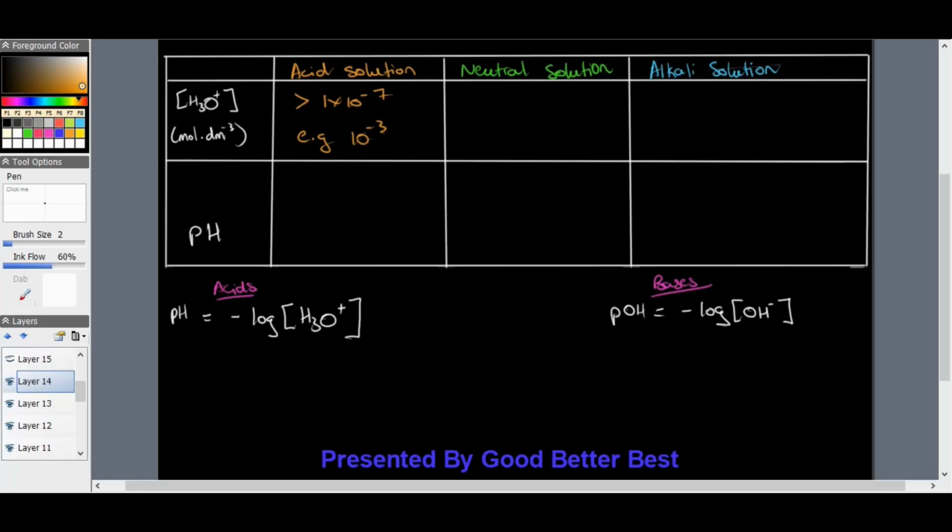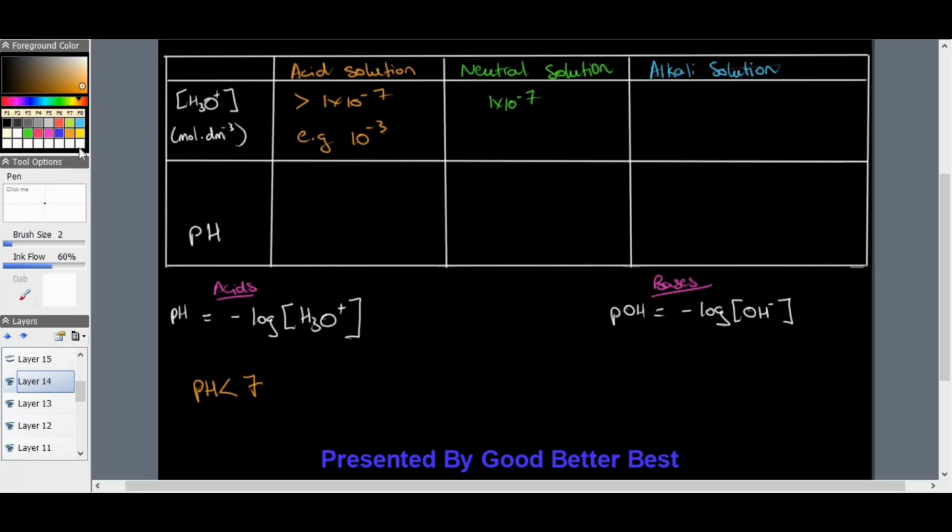Basically it's to the left of 7, because a neutral solution is going to be 1 times 10 to the negative 7. That's how we know it's neutral. 10 to the negative 3 is obviously to the left. In other words, on the pH scale, the pH is going to be less than 7. That is for your acid solution.